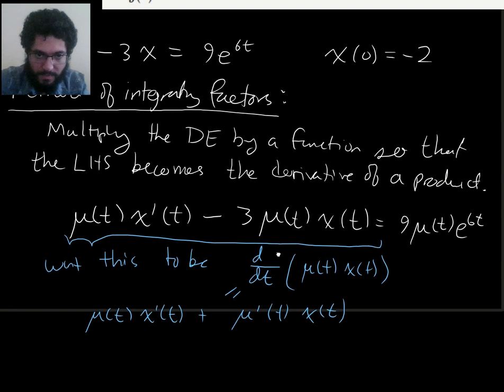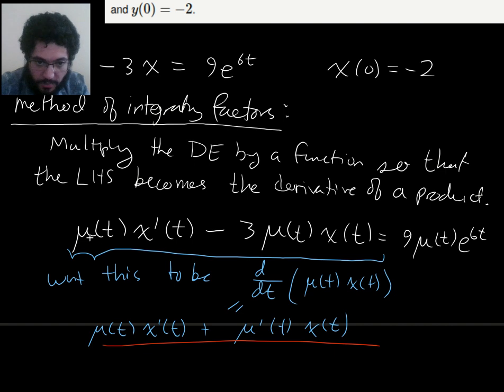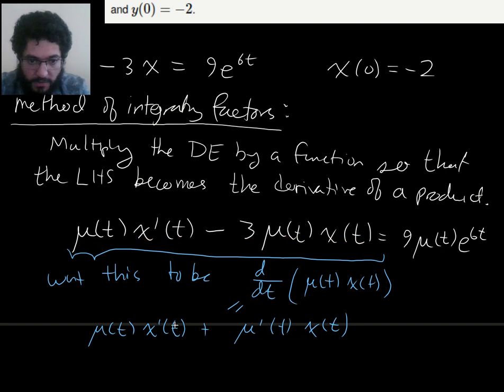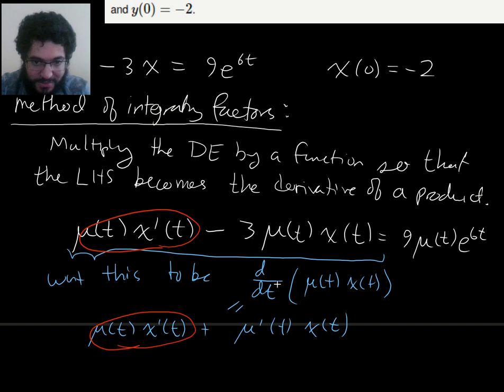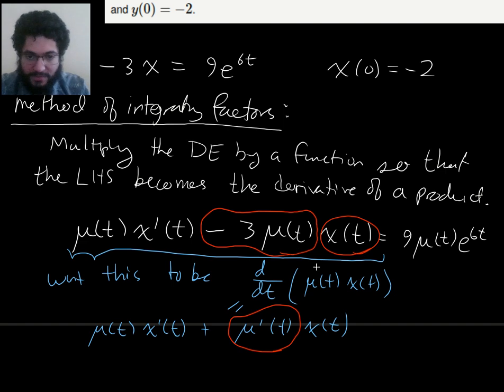So then what I want is for this to match up with this. And you can see we already have this term matching up with this term, and we've already got an x of t here and an x of t here. So all that's left is to have mu prime of t equal negative 3 mu of t.